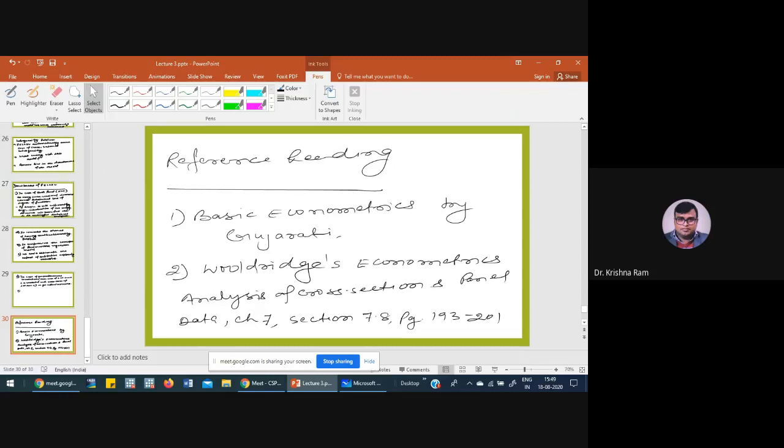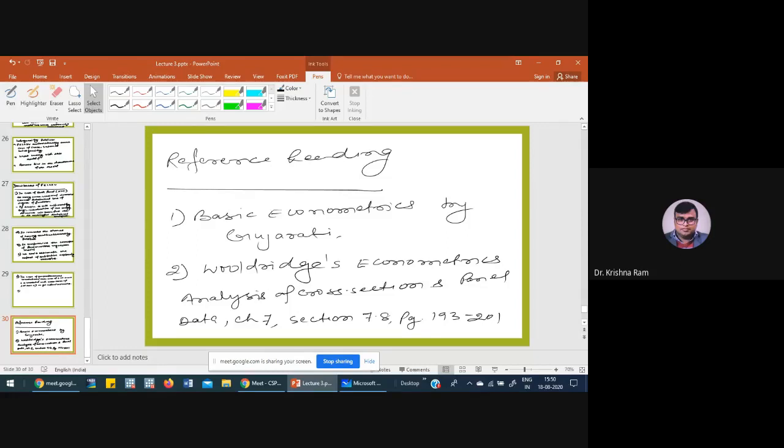So this much for today. The reference readings are Gujarati for essential reading. You may have a look at the Wooldridge book also for essential reading. I am talking about the basic econometrics Wooldridge book. The advanced one is your textbook.